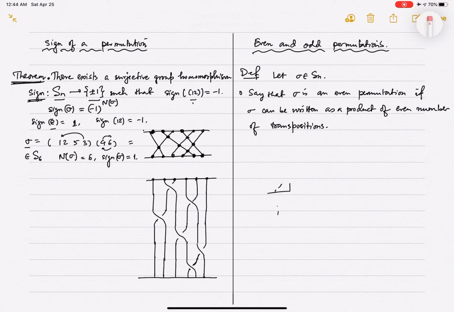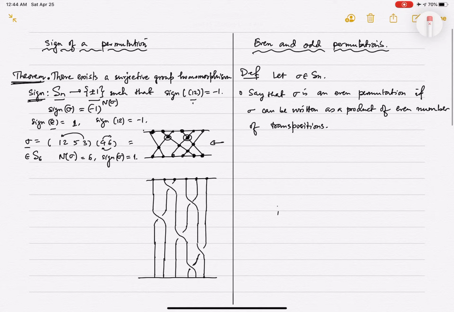All I do is take this picture for sigma and stretch it out so I have only one crossing at a time. So I had the thread between 2 and 3 crossing and also the thread between 4 and 5 crossing. I've first done the 2, 3 crossing, then done the 4, 5 crossing, and I've gone down like that, one at a time.